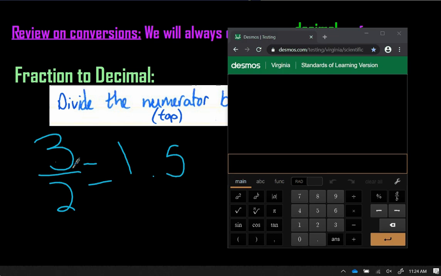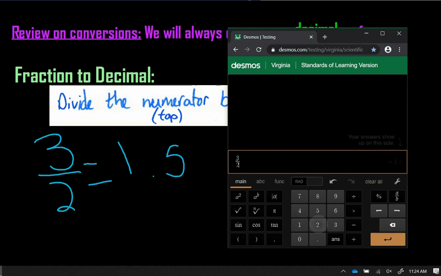If you pull up that Desmos calculator, you can type it in like this. I take my numerator, so I have 3, hit divide, and it already makes a fraction for you, which is real nice, and you hit 2, and the answer comes up on the side, so you have it in there for yourself.